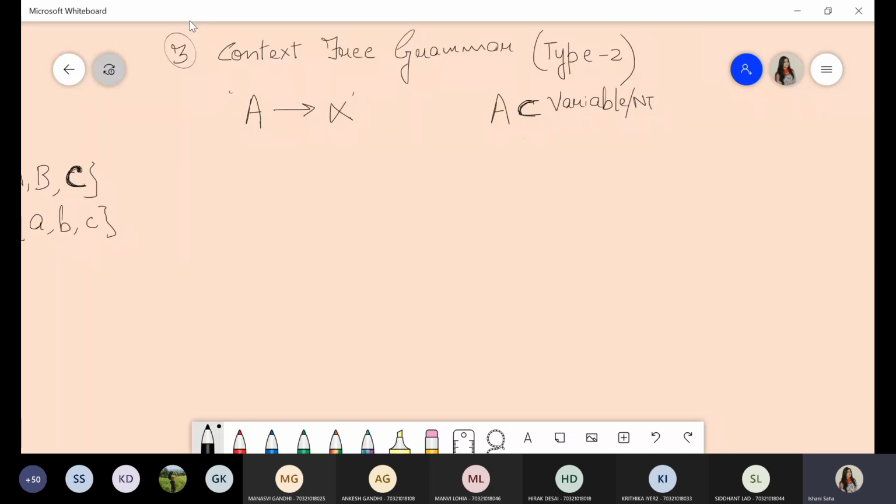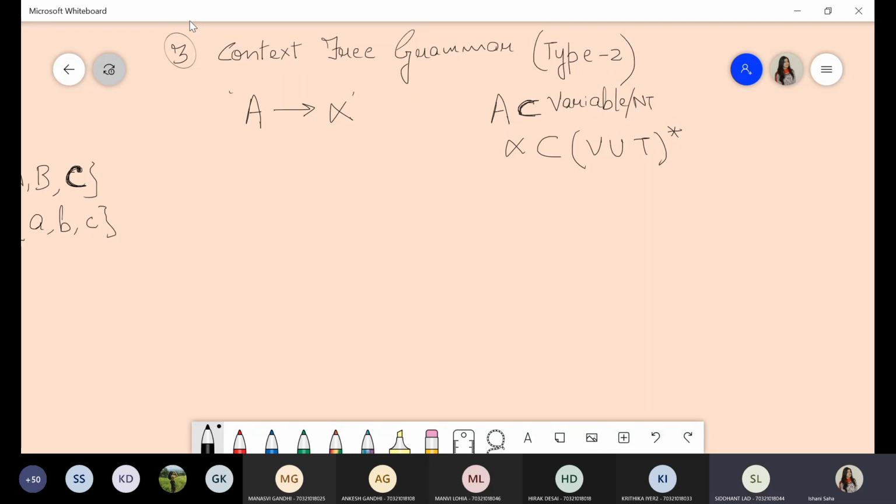Alpha is of the form (variable union terminal) closure. That means alpha could be anything, either a variable or a terminal or a combination of variable and terminal, or even epsilon, because it is star. So alpha could be anything.